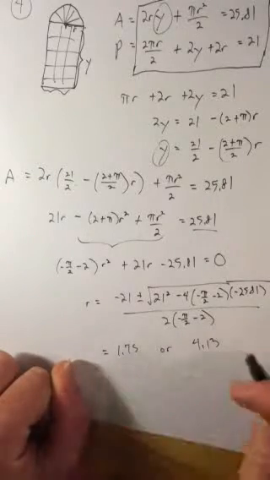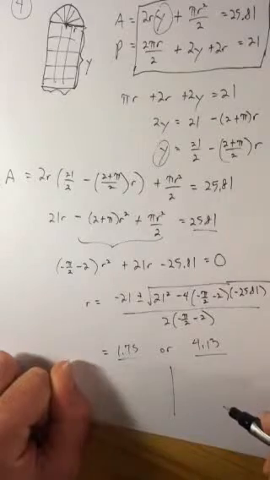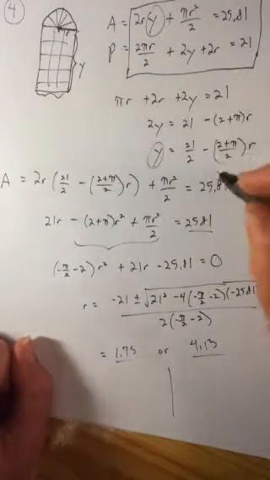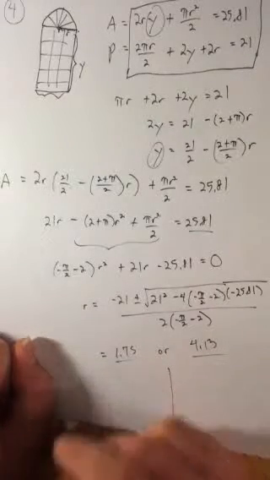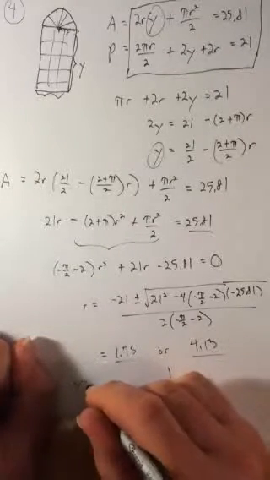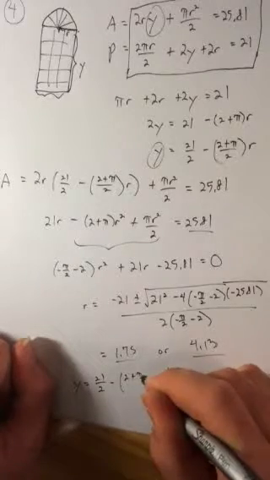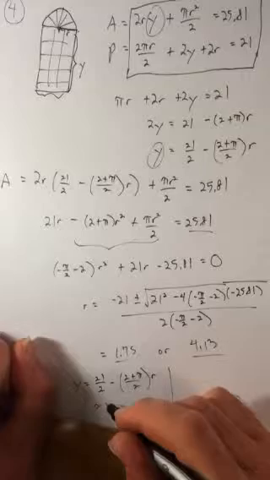Now I think one of these works and the other one doesn't. Once you find one, you know you can find the other one, right? So we have this equation up here that tells us how to find y from R. If I know that R is 1.75, that means y is 21 over 2 minus 2 plus pi over 2 times R, which I want to say is about 6.